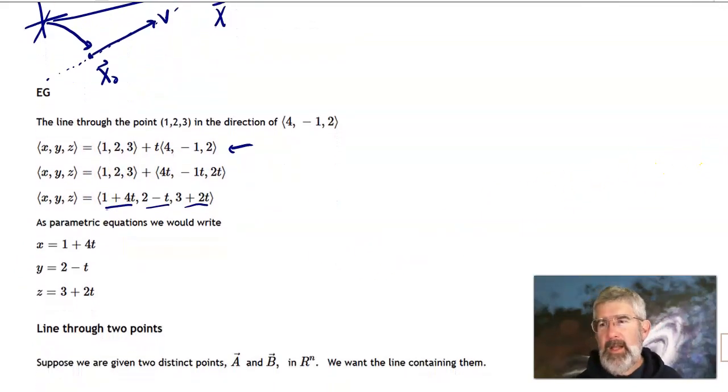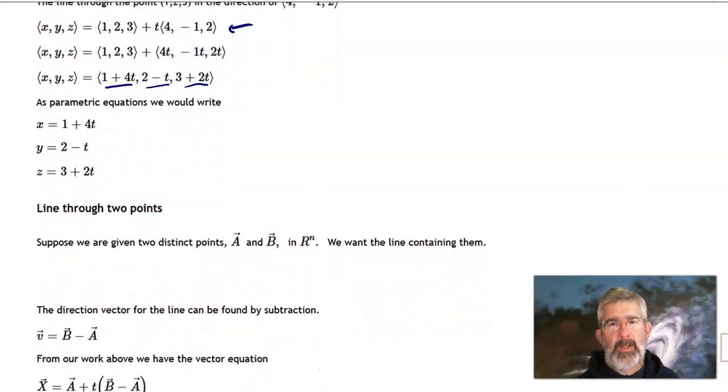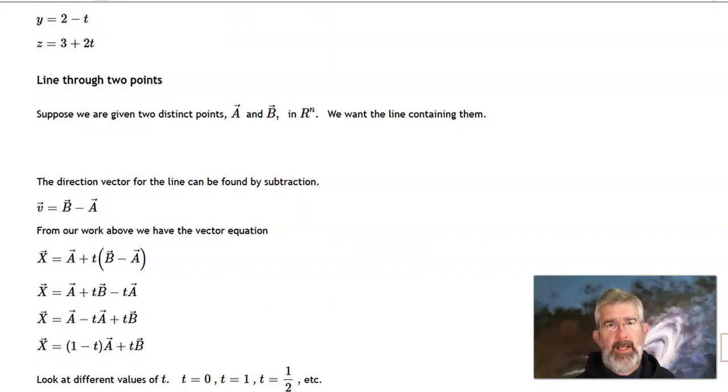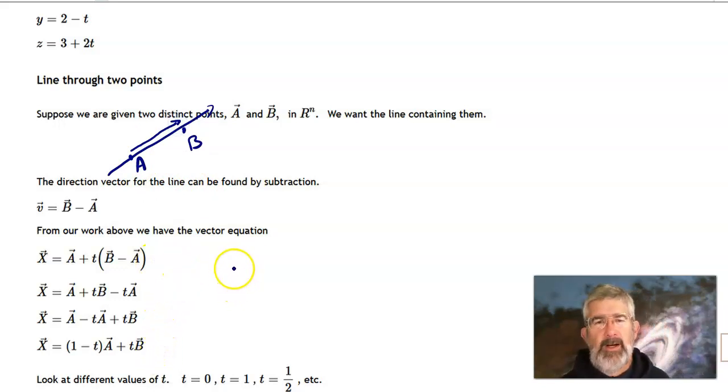Okay. Now, another way we might be given information and want to come up with a line is if we're given 2 points. Suppose I've got the point A and the point B, and I want the line through those 2 points. Well, if I could just come up with the direction from A to B, then I could use that like the vector V in the previous section.